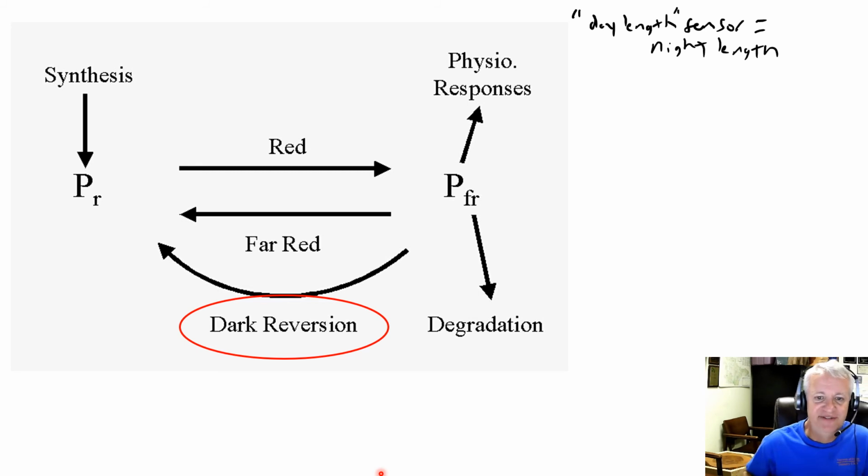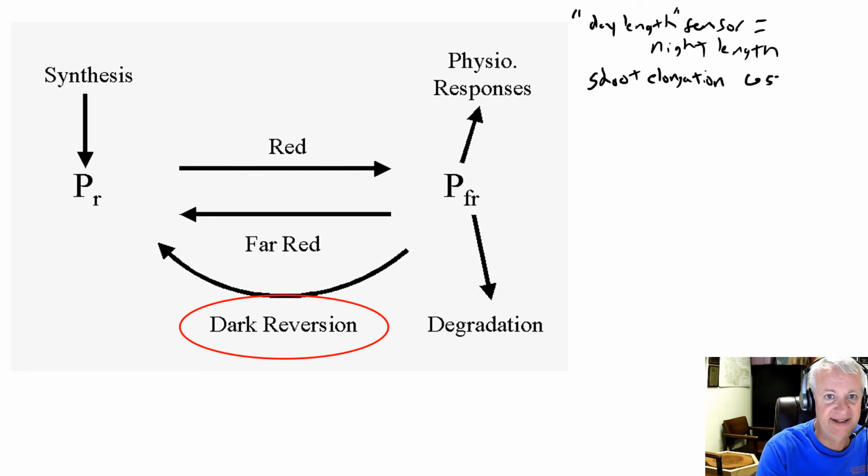So there's lots of phenological responses that are associated with this sensing of day length or night length. So for instance, shoot elongation cessation, or bud set, that is often determined by the shortening of days.